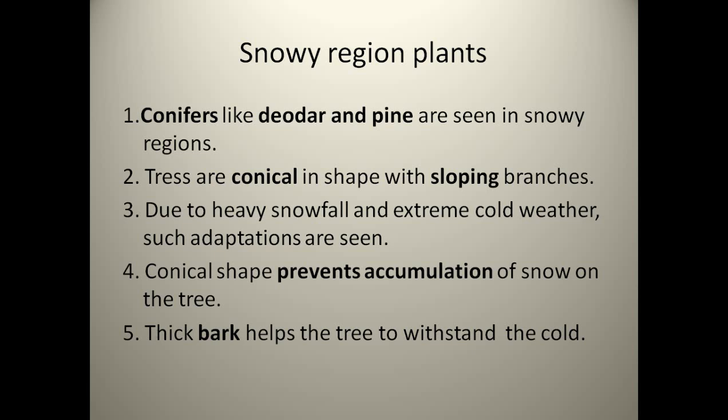Now, what do you mean by this paragraph? It means that their leaves lie in that way, so that if snowfall happens on the tree, it falls down. It doesn't accumulate on the leaf or the branches. It is in a sloping form. Like you can see, there is a picture given of the deodar tree.